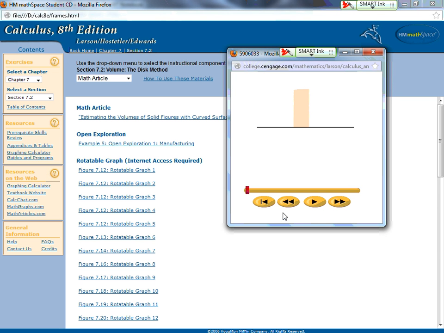But the radius of the cylinder would start here and end here, wouldn't it? Okay? So whatever that y-coordinate is, that's the radius, isn't it? Whatever that y-coordinate right there is the radius. What would be the height of the cylinder?